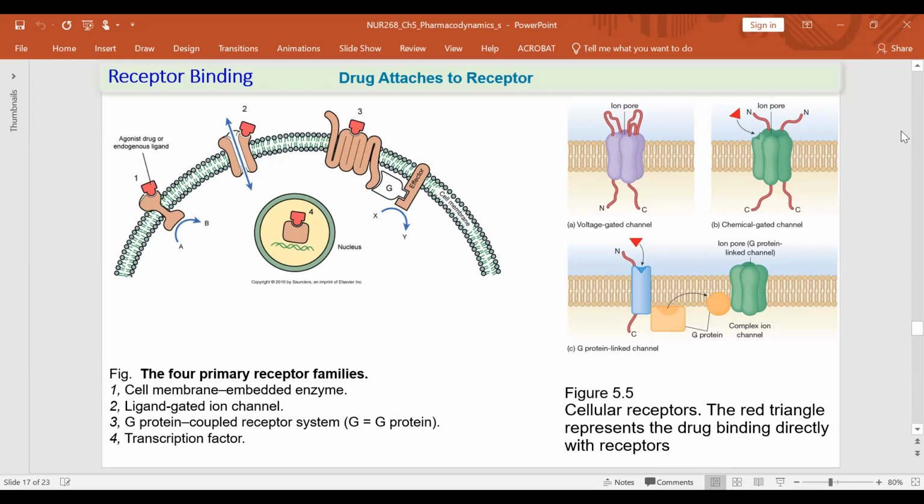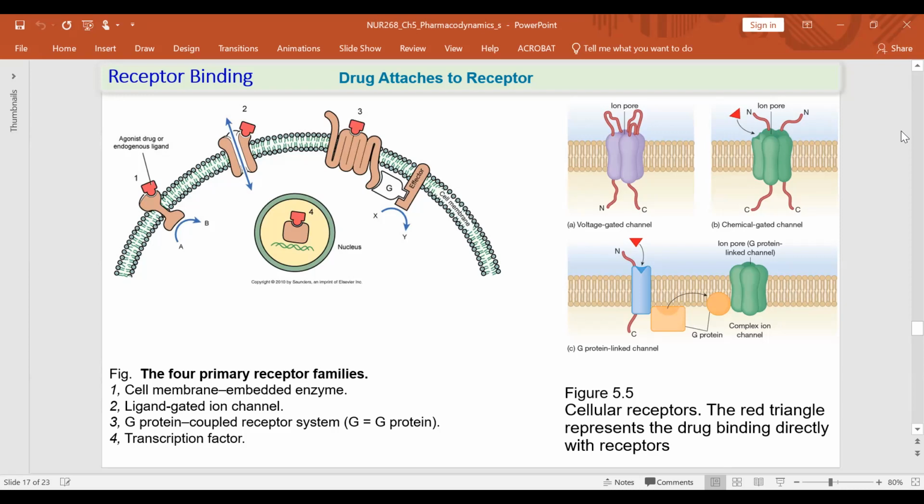The drugs cannot give cells new functions. It's either mimic or block these molecules. So drugs produce their therapeutic effects by helping the body use its pre-existing capabilities, which is like receptors, targets.